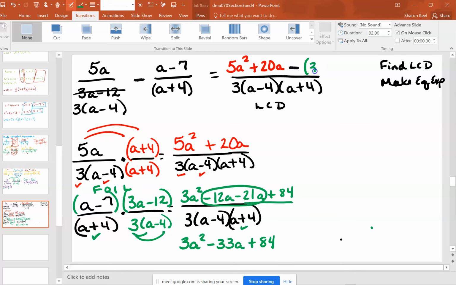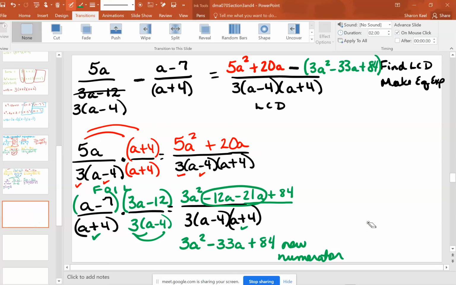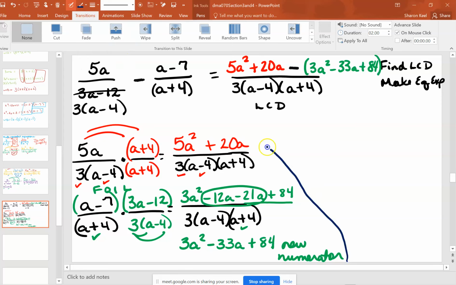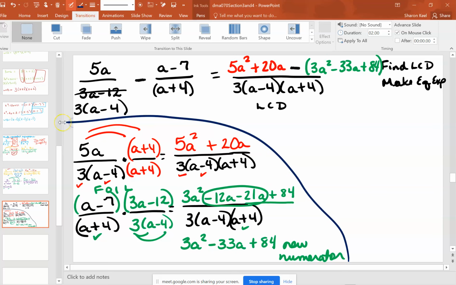All of that became 3a squared minus 33a plus 84. This is my new numerator. So what I've got to pay attention to now is as I continue, let me just draw a little line to mark that off to the side. That was my side work of making equivalent expressions.